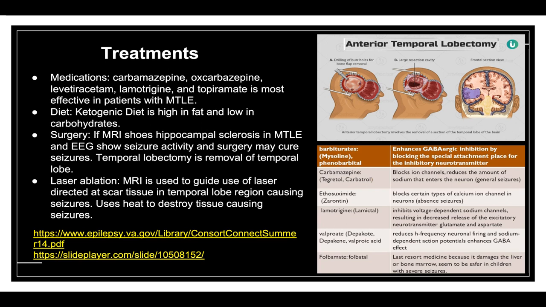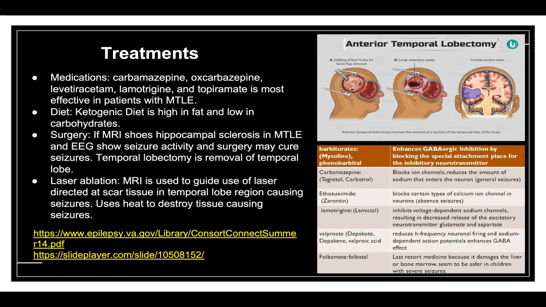The treatments for epilepsy are medications, diet, surgery, and laser ablation. In medications, they provide carbamazepine, which blocks ion channels and reduces the amount of sodium that enters the neuron in cases of general seizures or epilepsy.